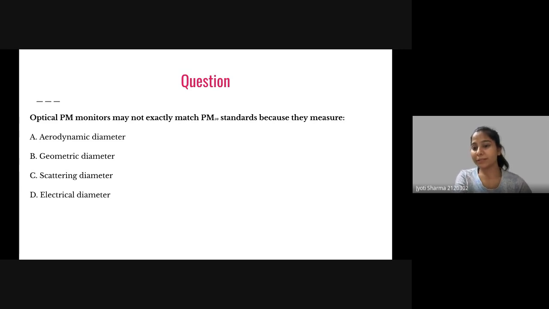What do you think? What should be the right answer? You just tell me and then I will correct it. We already have talked about this, right? Any response from Lakshmi? What should be the right answer for this?